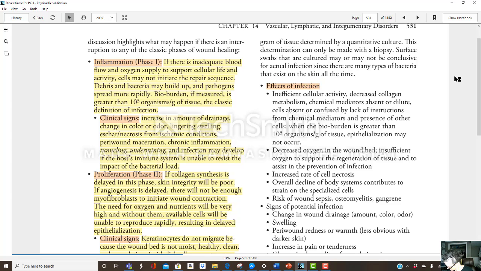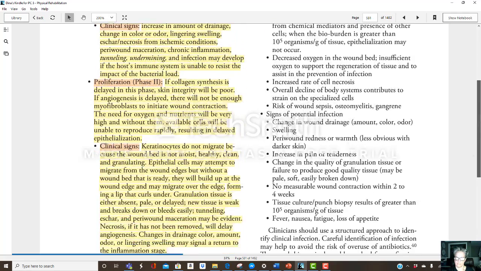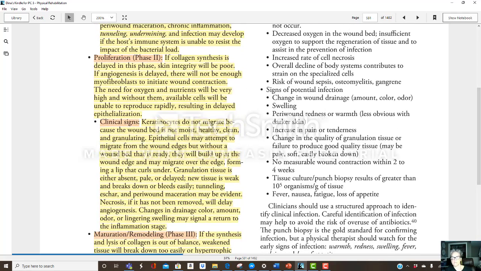Signs of potential infection: change in wound drainage amount, color, or odor; swelling; periwound redness or warmth, which is less obvious with darker skin; increase in pain or tenderness; change in the quality of granulation tissue or failure to produce good quality tissue, which may be pale, soft, and easily broken down; no measurable wound contraction within 2 to 4 weeks; tissue culture punch biopsy results of greater than 10^5 organisms per gram of tissue; fever, nausea, fatigue, and loss of appetite.